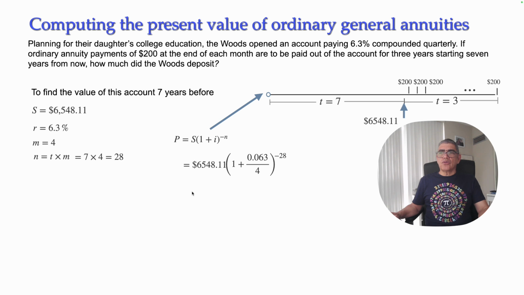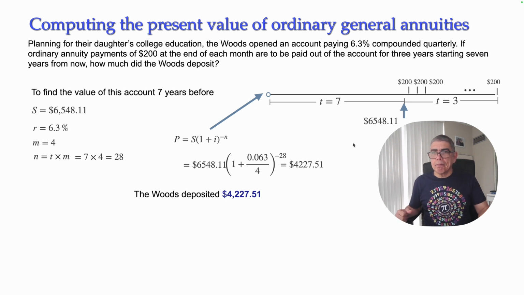So the answer will be 4,227.51. So the Brooks will need to deposit 4,227.51 in this account. 7 years later, they are going to have 6,548.11. And after that, at the end of every month, they will be able to withdraw $200 every month. So this is a way to solve this problem.